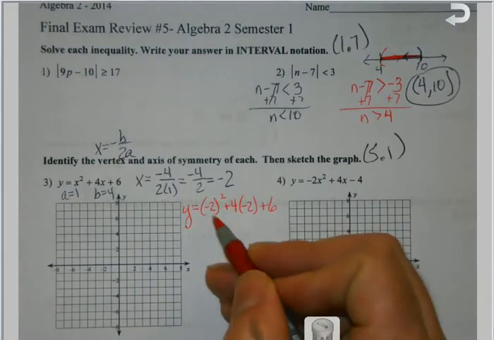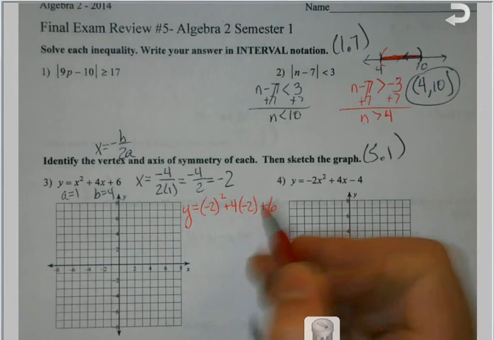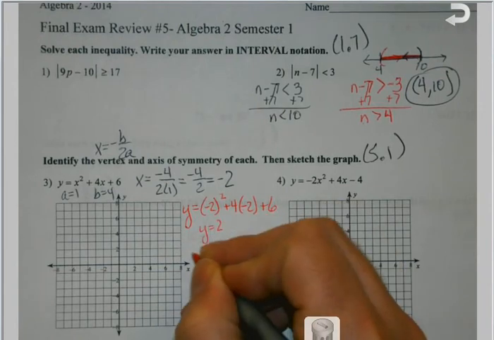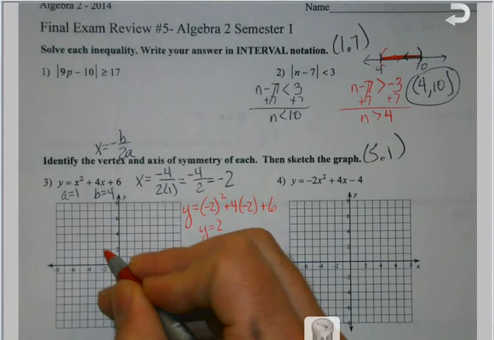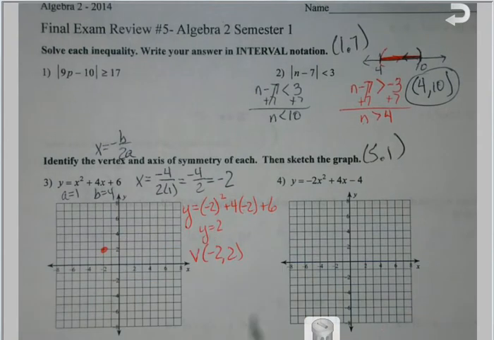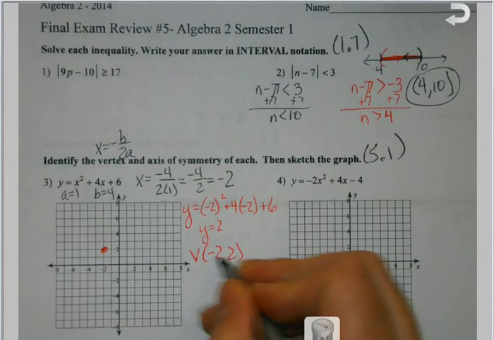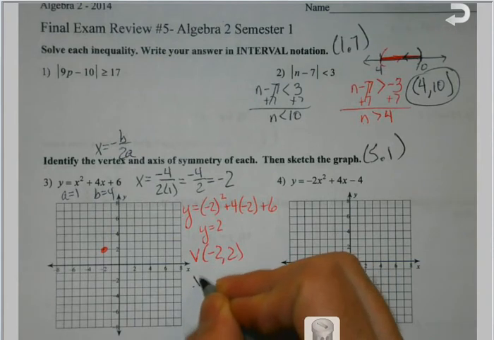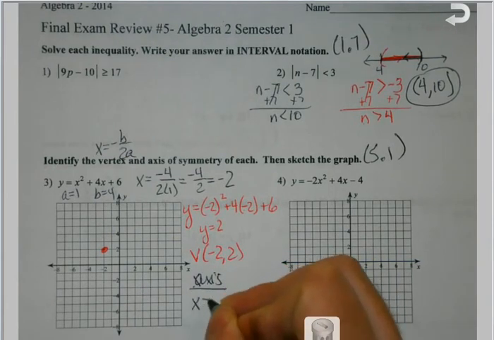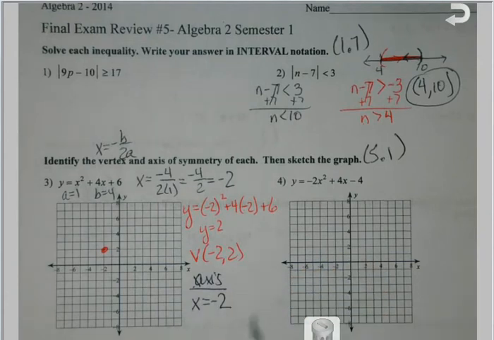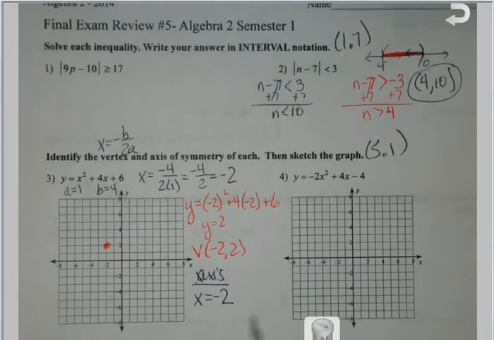So 4 minus 8 is negative 4, plus 6 is 2. So my vertex is at negative 2, positive 2. And as soon as I know this vertex, I know the axis of symmetry because it's just the x value of my vertex.